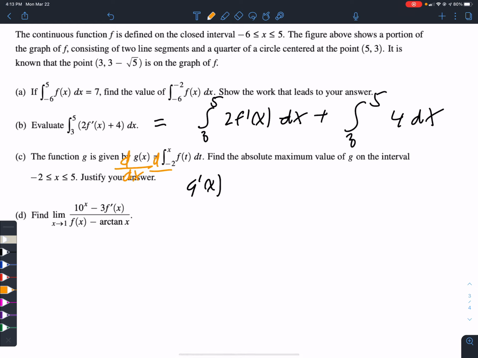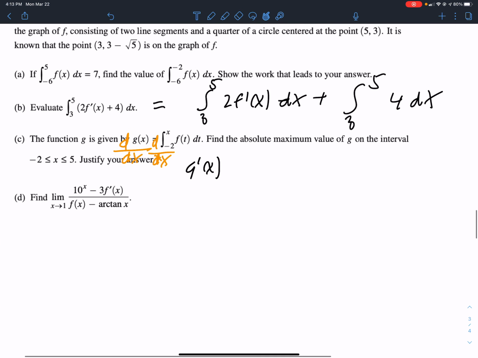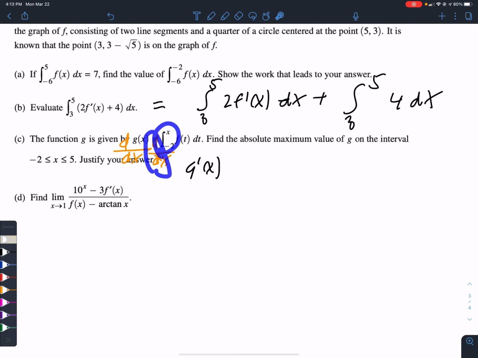I take the derivative with respect to x on both sides. If you take the derivative of an integral and the bottom's a constant and that top variable matches that, all you do is plug that into the function. So this is simply f of x. That happens all the time. Fundamental theorem, you better know that.